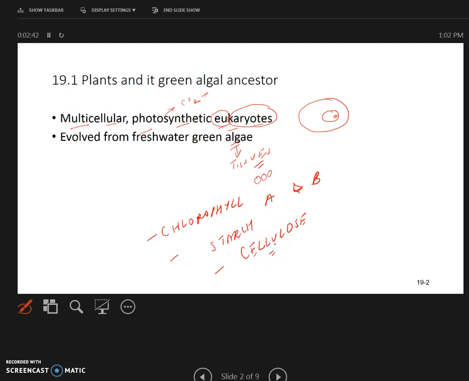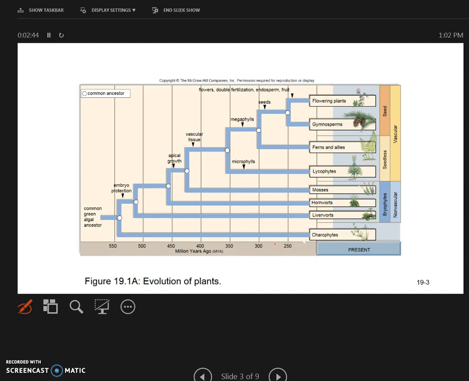All right, so here is the evolution of plants, and as you can see, here are the primitive algal components, and then finally we have the embryo production. So we have the liverworts, the hornworts, the mosses. Then we have more advancement: apical growth, which means they have meristems, allowing apical growth.